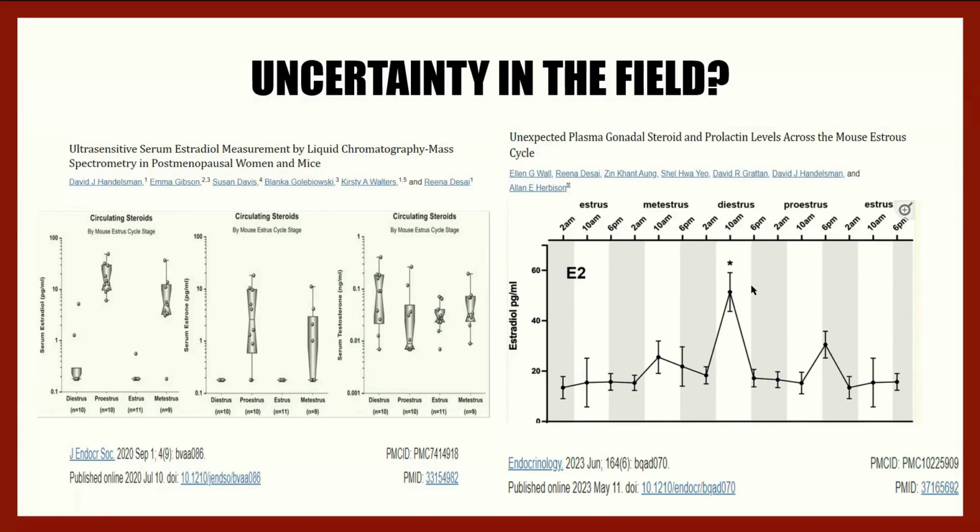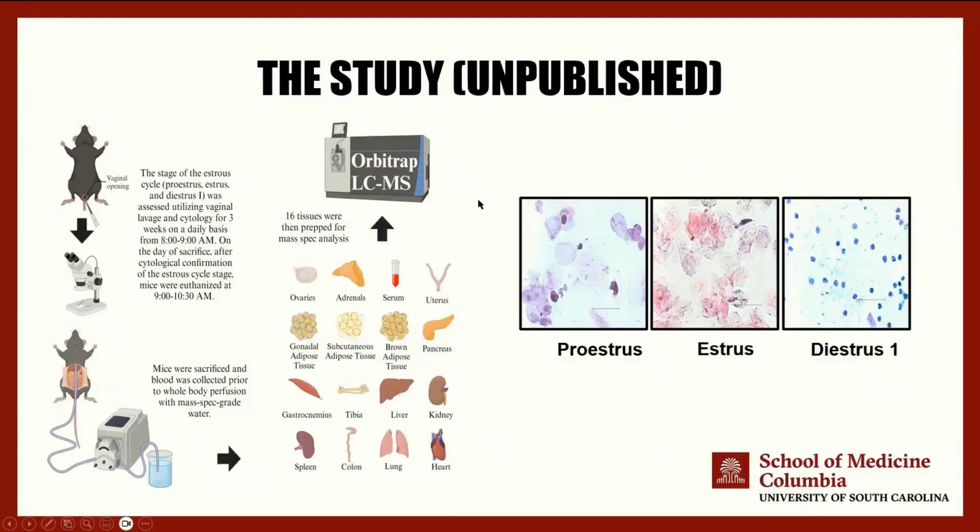So what we did, and this is an unpublished study, is monitor mice, okay? We assessed the stage of the estrous cycle, and we focused on proestrus, estrus, and diestrus 1. On a daily basis, we did vaginal lavage and looked at the cytology of the cells in order to determine the stage of the estrous cycle.